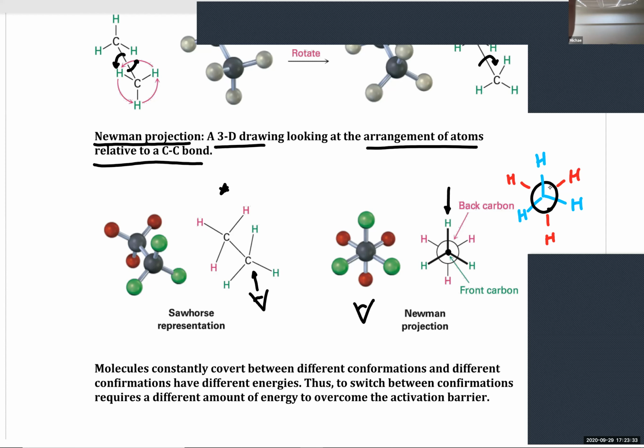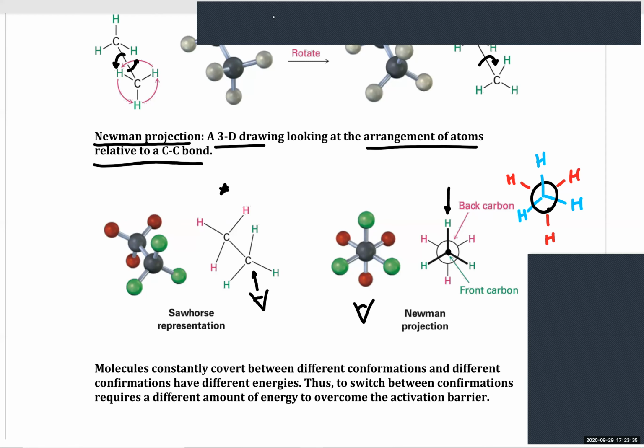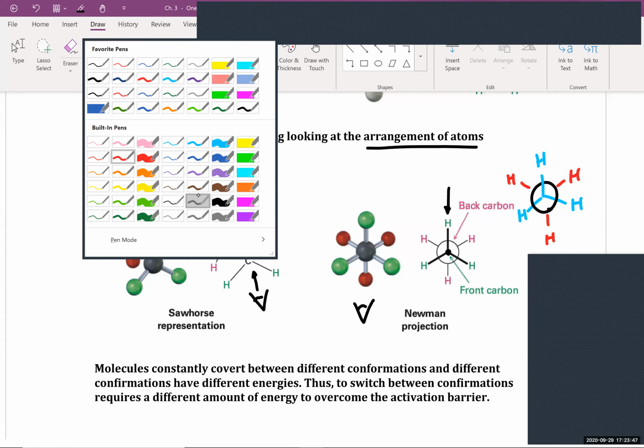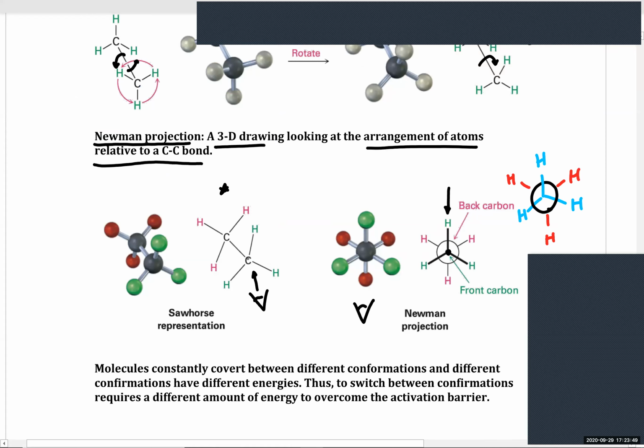Does this idea make sense to everyone? Okay, so it's really important that you draw what bond you're looking down. That's why I draw this little eye. That tells me I'm looking down this bond, so I rotate my molecule such that I'm staring down with this carbon in front.